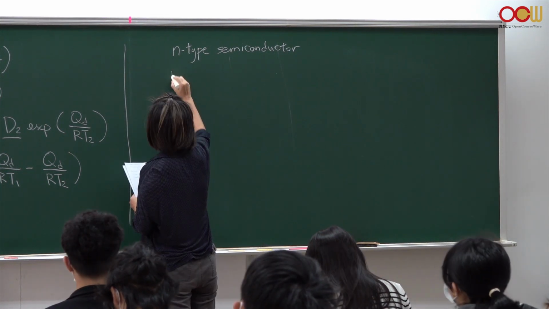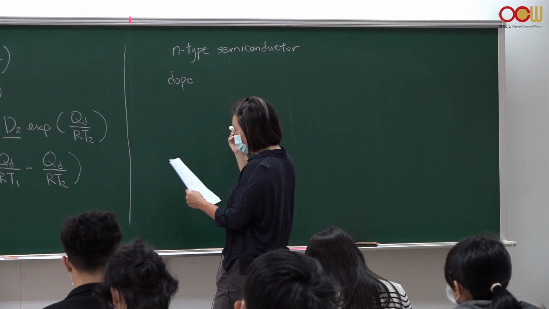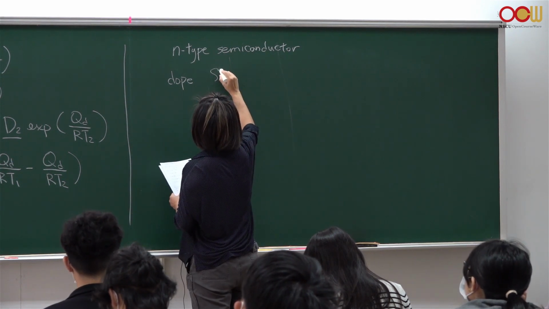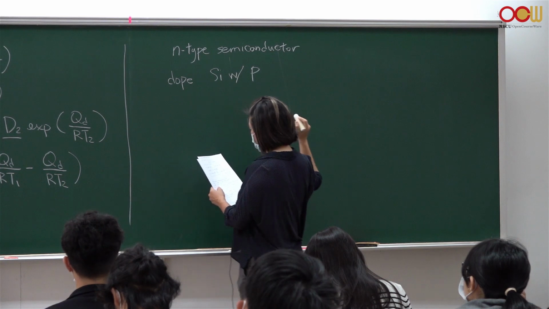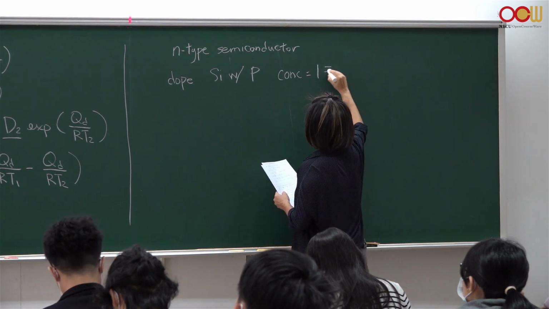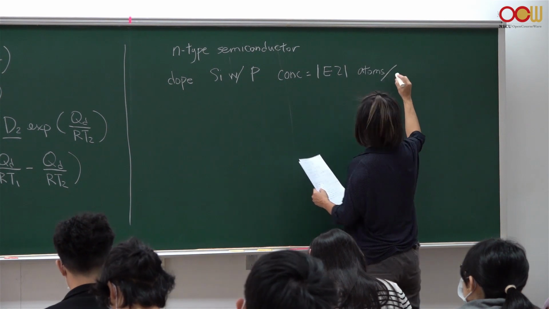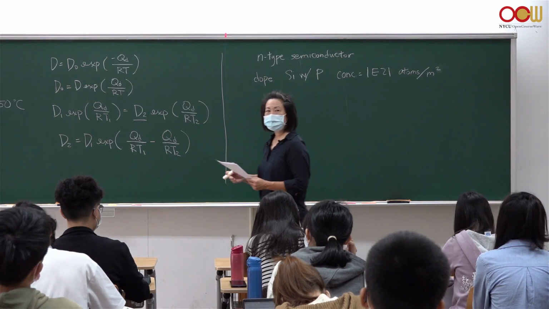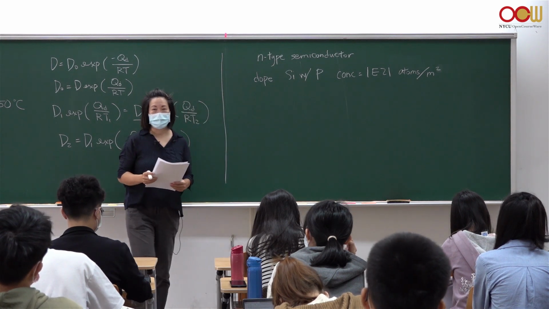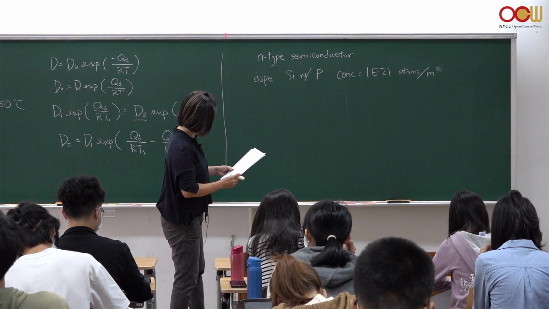So you want to dope. Doping is adding impurities that you want. Dope silicon with phosphorus, and you want to add a concentration of 1 times 10 to the 21 atoms per meter cubed.